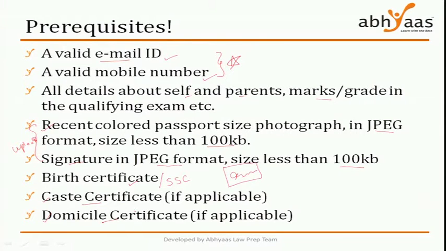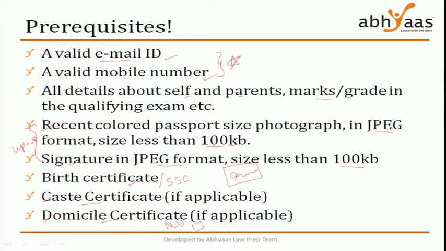You will require this if you belong to a state where there is an NLU. This is very important, because if you belong to a state where there is an NLU, there will be a set of seats reserved for that particular state. So you can produce this certificate and get that reservation.